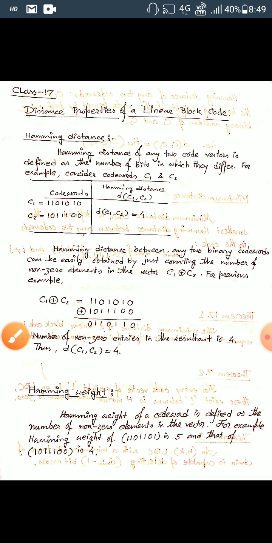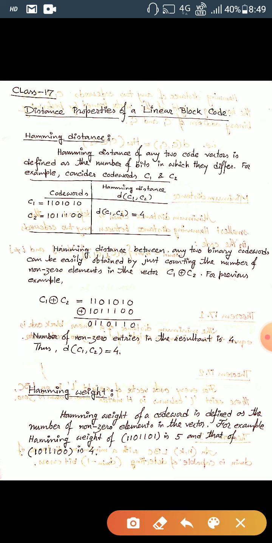These two are the code words, and we are interested in identifying the Hamming distance between C1 and C2. The Hamming distance is defined in the form D(C1, C2), where D stands for the Hamming distance and C1, C2 are the code words for which we want to identify the Hamming distance.